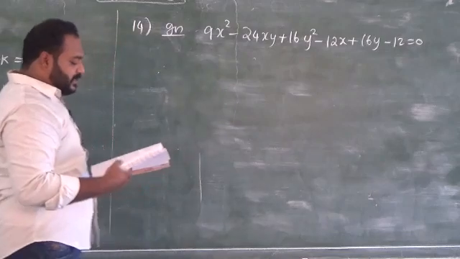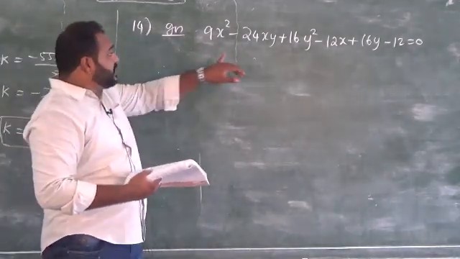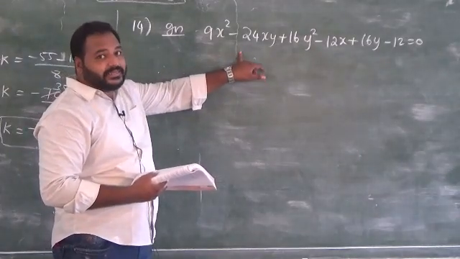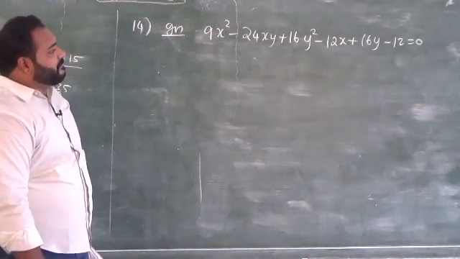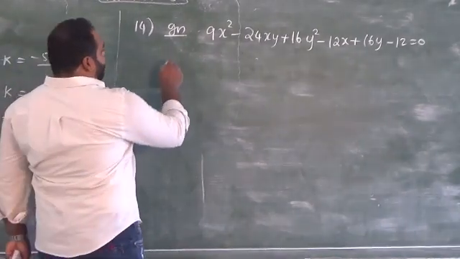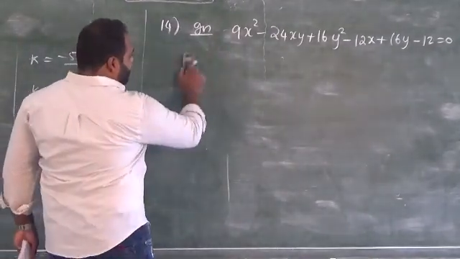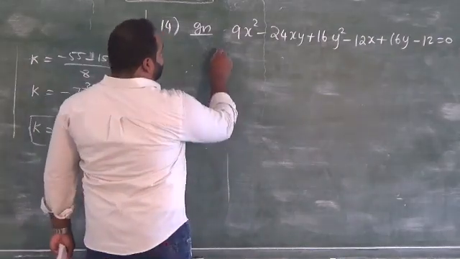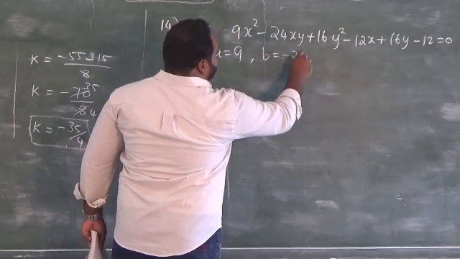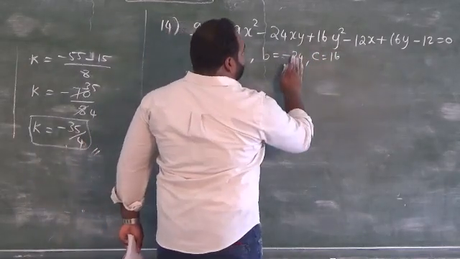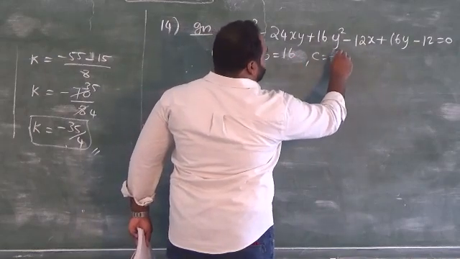In this question, we have to find two things. One is to check whether it is a pair of parallel lines. Another is to find the distance between these parallel lines. Before we see the condition, first we will write the values. A is 9, B is 16, C is minus 12.